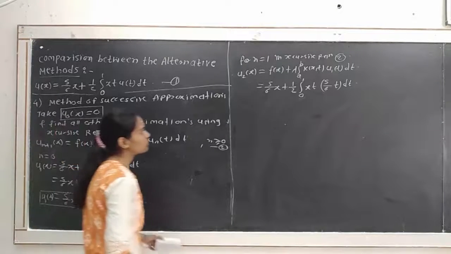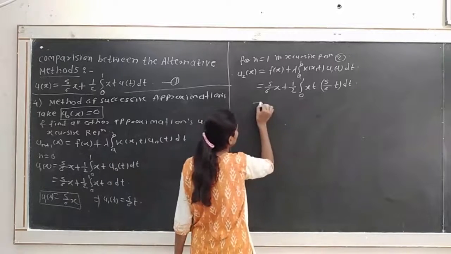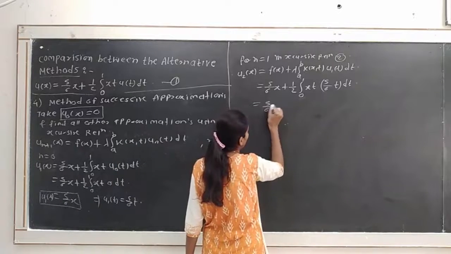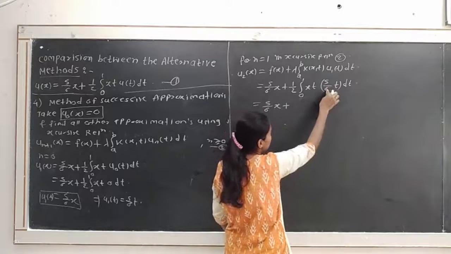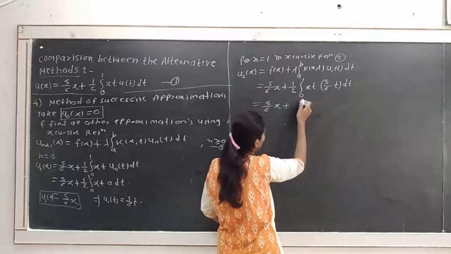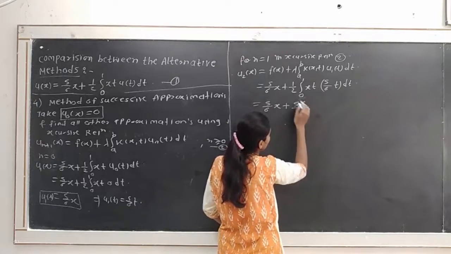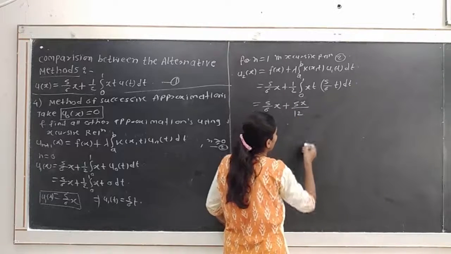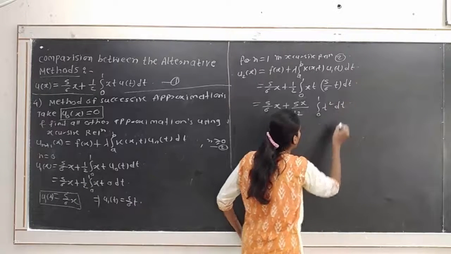By putting in the values and simplifying this integration, we get 5 divided by 6 into x plus again 5 divided by 6, and this x is constant, so we take it outside the integration. We get 5x divided by 6 into t times t, which becomes 12, so in the integration from 0 to 1, t into t becomes t square dt.